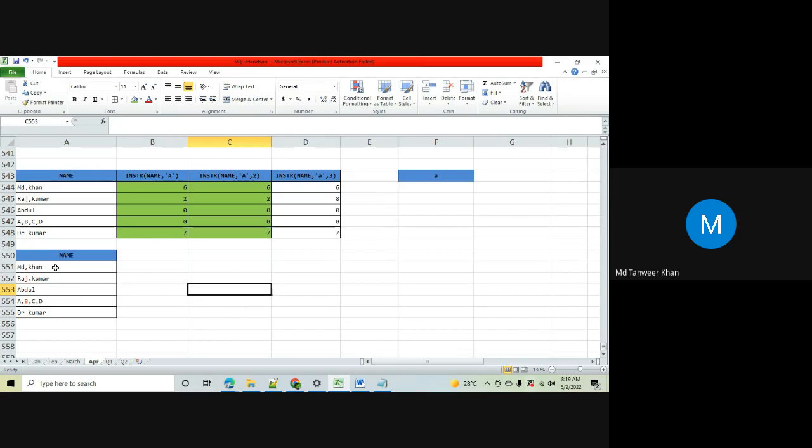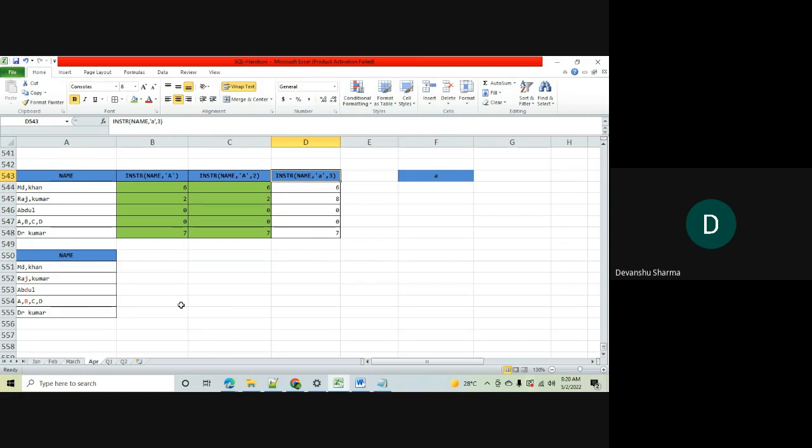First of all, is this clear? Why am I taking the third position? Because here we have mentioned to start from the third position. Before that, everything is a blind world for you. Now, does the SQL engine move right or left? Left to right.